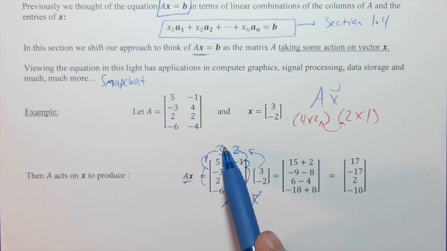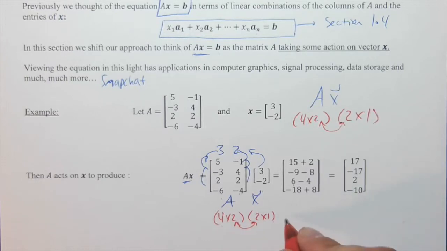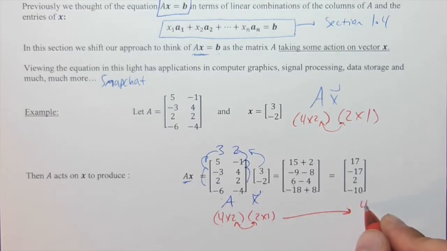We multiply the 3 times these to get these values, the 2 multiplies the other column to get these values, we add them together, and we obtain this new vector. Again, thinking about this as a 4 by 2 and a 2 by 1, the inner dimensions match up, and the outer dimensions create the dimension of our final vector.